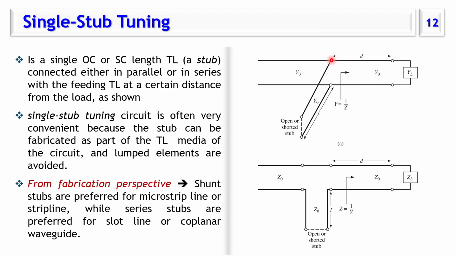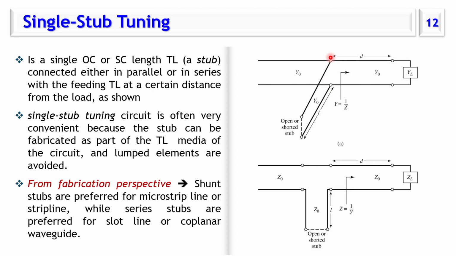The input admittance of this stub is always reactive. So at this point, we want the relative admittance before the stub to equal 1 plus some jB.